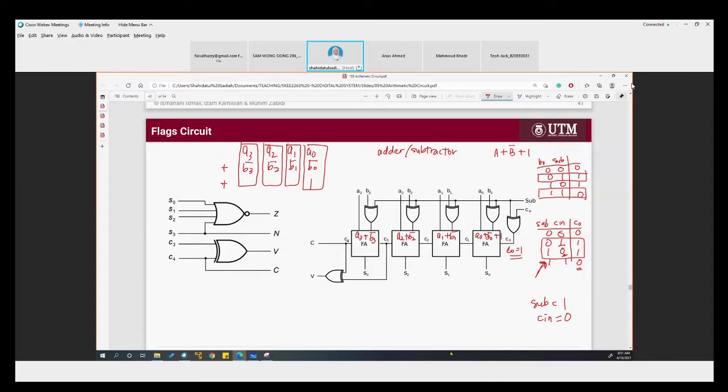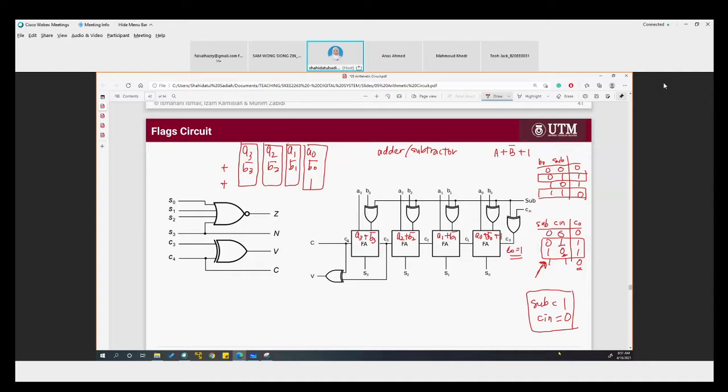Okay, let me repeat again. In case C in is 1, C0 is 1, sub is 0, even though the C0 is 1, it will not perform the subtraction because the B is not flipped. So the only possible condition to make the B flip is when sub is 1 and C in is 0.